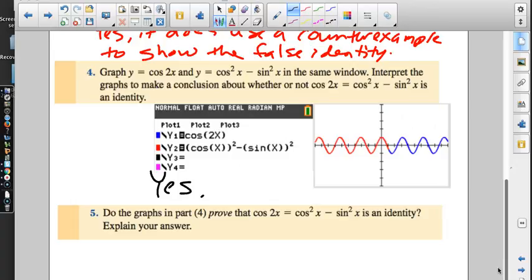Do the graphs in part 4 prove that that's an identity? No, that's not a proof. We're only seeing whatever part of the window they decided to graph here, whether or not it was from -4 pi to 4 pi or whatever. But that doesn't guarantee that everywhere else this is going to be the same. So no, it doesn't prove it.